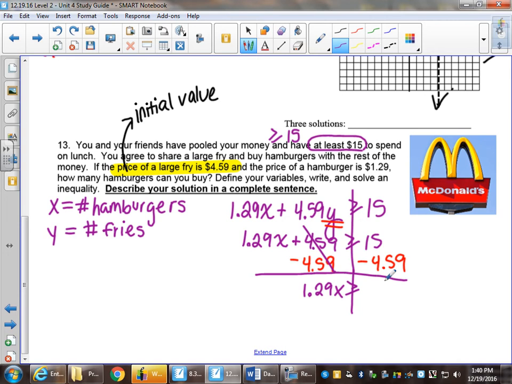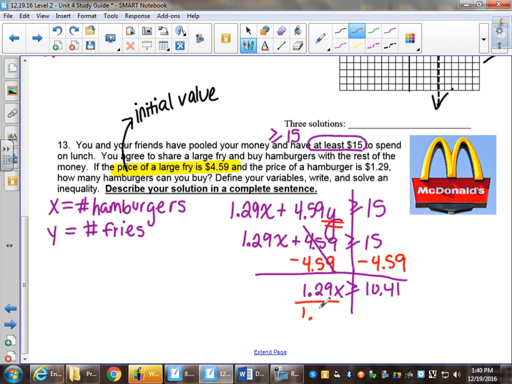Do this with me if you didn't do this one. 15 minus 4.59 is 10.41. To finish solving this, we'll divide both sides by 1.29. And we get x is greater than or equal to 8.07.